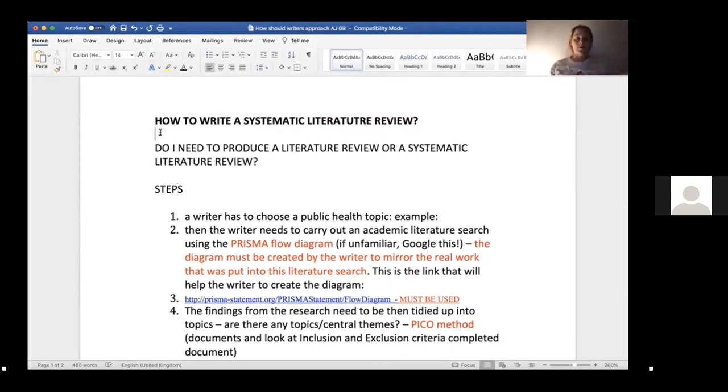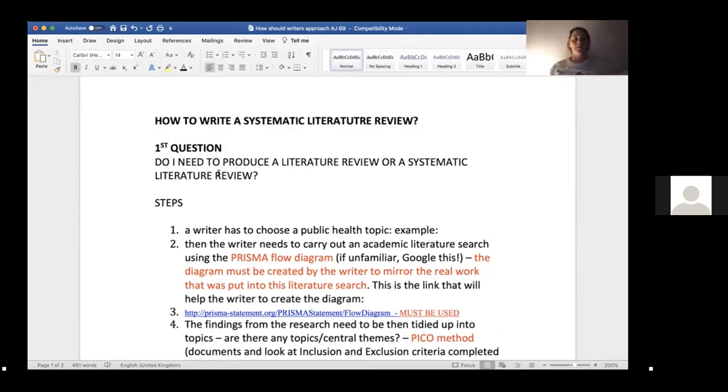This is the first question, okay? Do I need to write a literature review or a systematic literature review? Those are two different things.